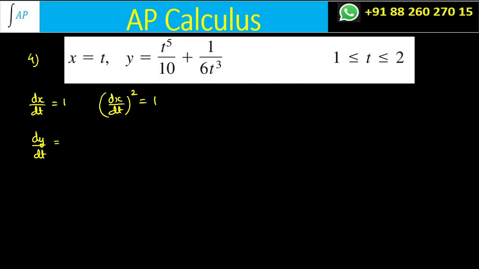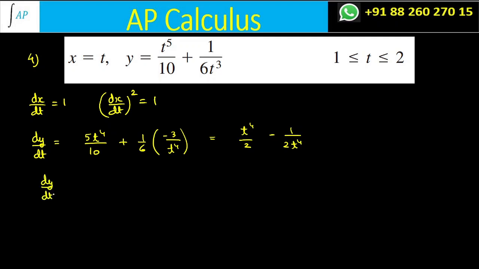The differentiation of this will be: t power 5 differentiation is 5 t power 4 by 10, plus 1 by 6, and the differentiation of the 1 over t cube part is minus 3 over t power 4. Now let's simplify this a little bit. It will become t power 4 by 2 minus 1 over 2 t power 4.